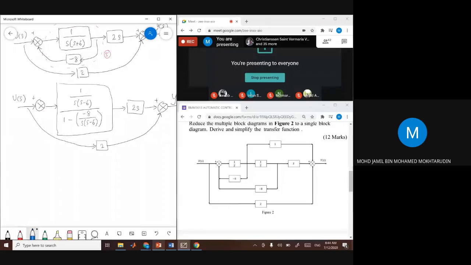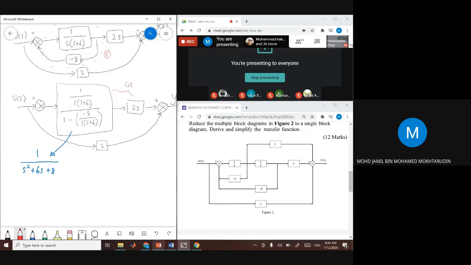So you will get s squared minus 6s plus 8 plus this. Okay, and then from here, you can see that these two are cascade.